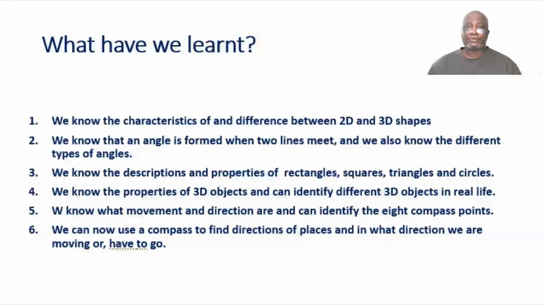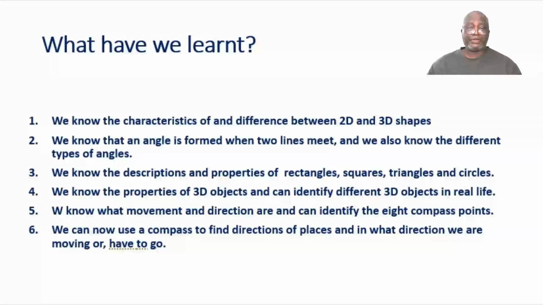Right angle, for example, acute angle, obtuse angle, that is small angle and bigger angles. You'd be required to be able to measure angles as you progress to level 1. We know the descriptions and properties of rectangles, squares, triangles, and circles. We will know more again as we progress.